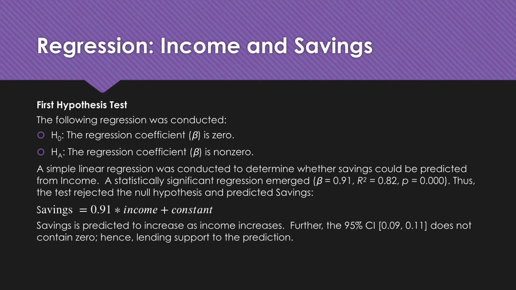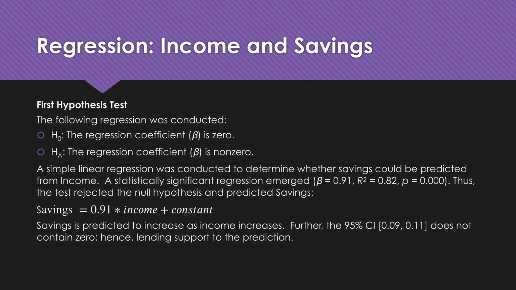That means there is a strong slope. If you want to predict the savings, you can calculate it as 0.91 times the income plus a constant. Basically the savings is predicted to increase as the income increases.